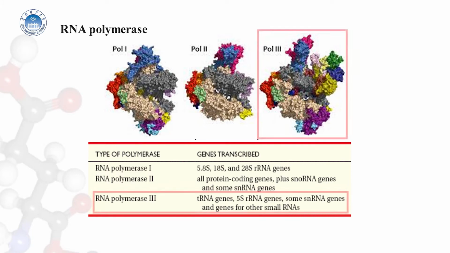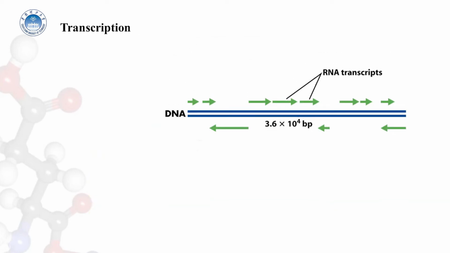In eukaryotic cells, RNA polymerase 3, also called Pol 3, transcribes DNA to synthesize ribosomal 5S rRNA, tRNA, and other small RNAs. Transcription involves four steps.